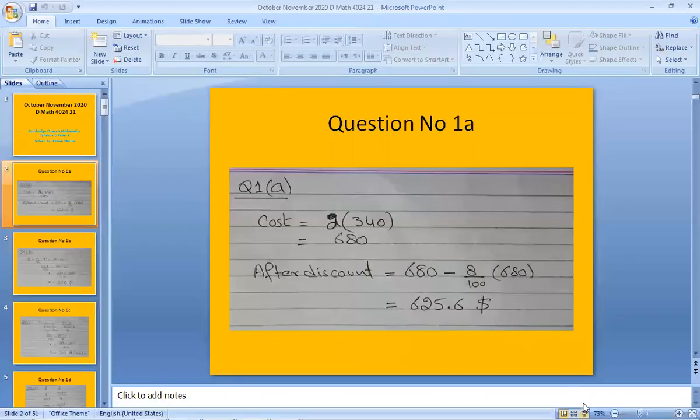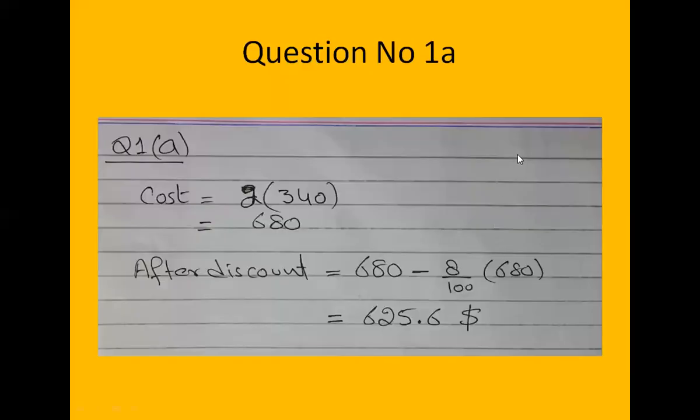So here we go. Per person, the holiday costs $340. Because there are 2 persons, the cost will be 2 multiplied by 340, and it will be $680. And they said that if you book the holiday before a certain date, you will get the 8% discount. So after the discount, the money you have to pay will be the original price minus 8% of the original price.